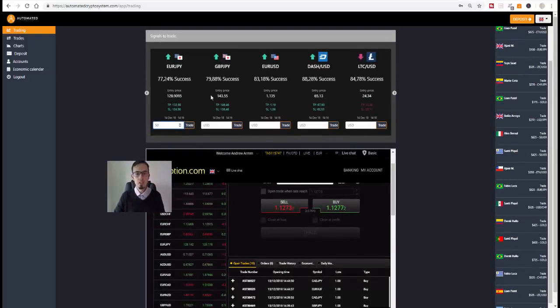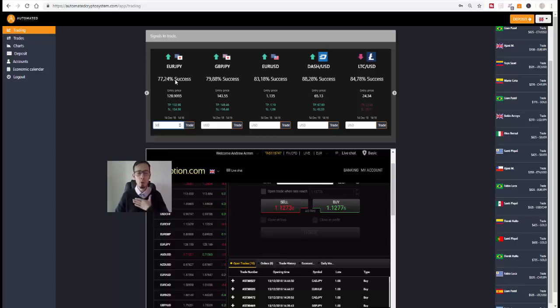To place any of these signals, simply enter the desired investment amount and click on the trade button. After that, the trade will be placed on your broker's platform, which you can check afterwards. Now pay close attention to these signals. They give you the description of the signal, which you need to know. TP stands for take profit level.